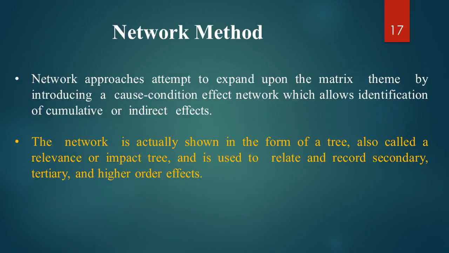The network is actually shown in the form of a tree, also called a relevance or impact tree, and is used to relate and record secondary, tertiary, and higher order effects.